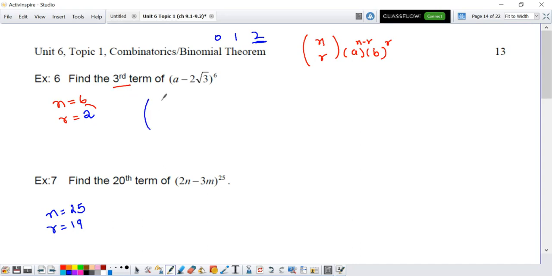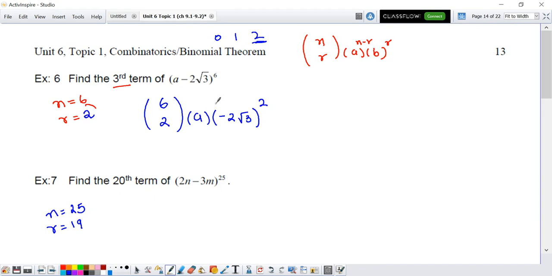So let's set it up. 6 choose 2. A is A. B is negative 2 root 3. You must include the negative sign along with the number. And what will be the power? In this case, we are working backward. Once you figure out 2, that 2 goes here.